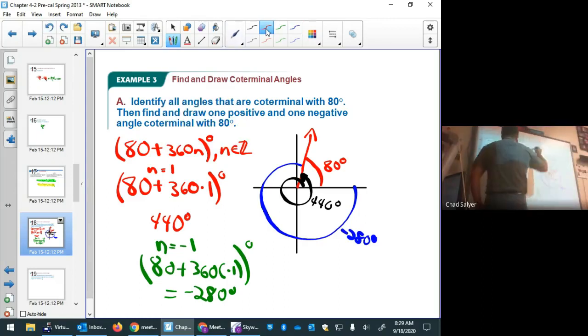So again, the answer, 440 and negative 280, and then this sketch. So some of the homework questions ask for the sketch. The sketch is part of it. You don't do the sketch, you're not really understanding. You can do that calculation and not understand how it connects to the actual angular rotation.